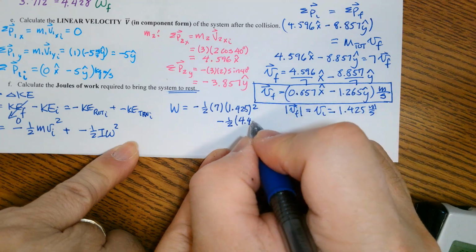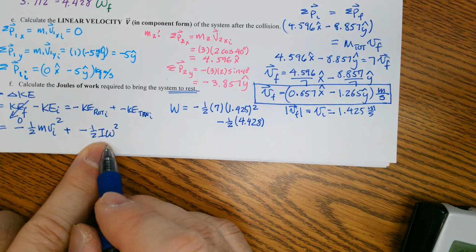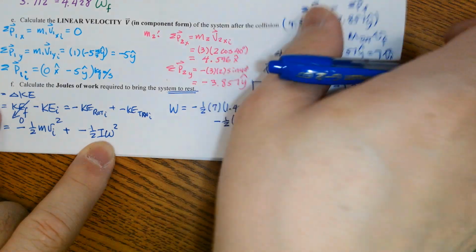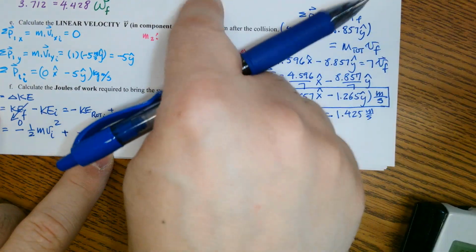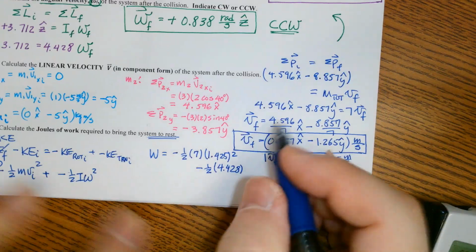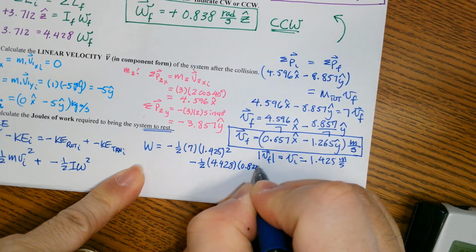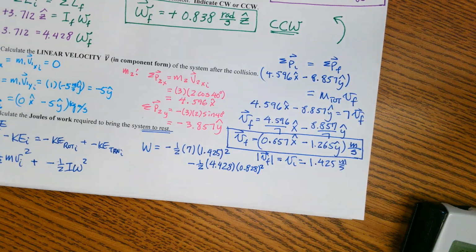0.428, right? Times omega squared. What's my omega? Can we calculate omega? Right here, omega final, right? And that is 0.828 squared.